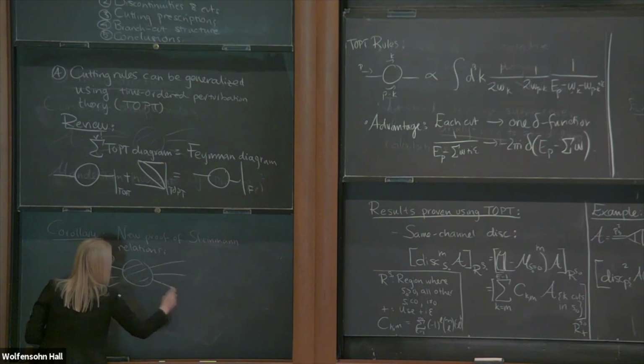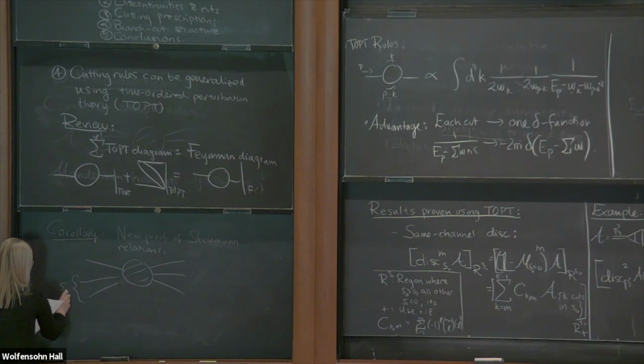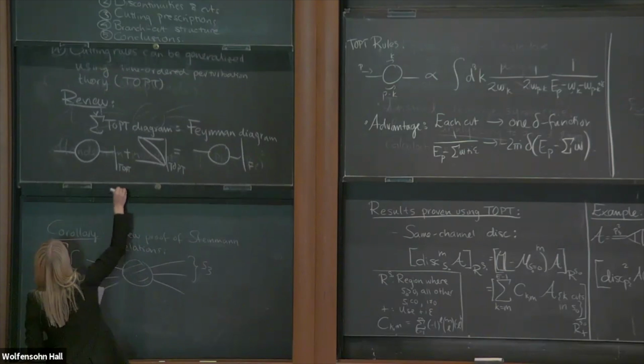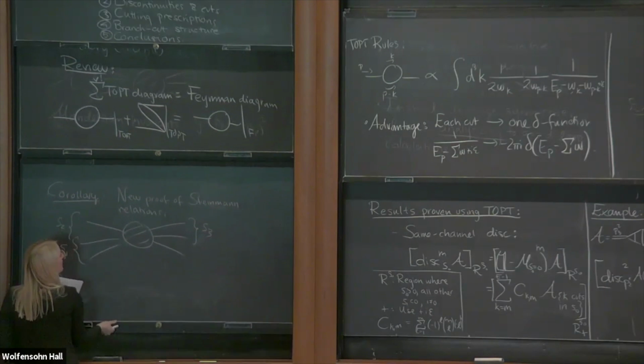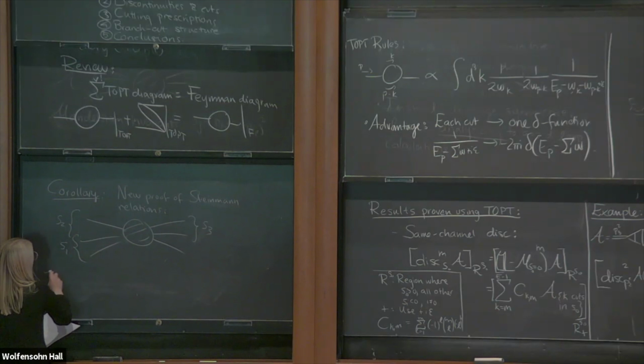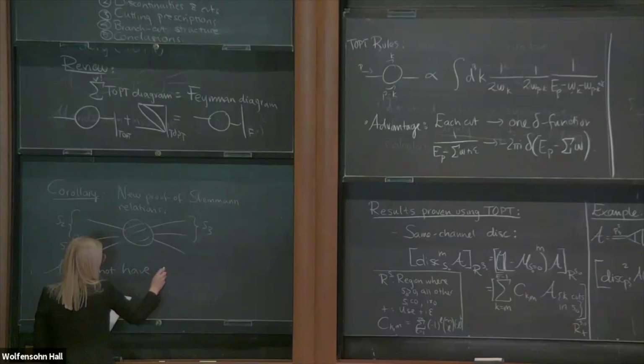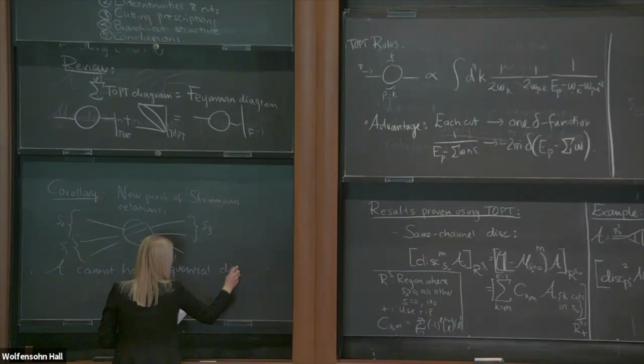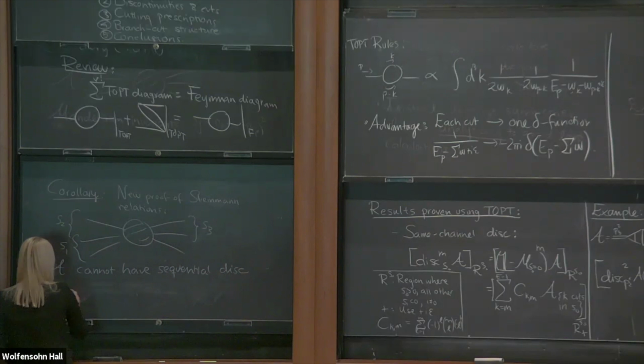Let's say I have an amplitude here with some Mandelstams that I'm going to call S1, S2, and S3. The Steinmann relations say that the amplitude cannot have sequential discontinuities in partially overlapping channels.